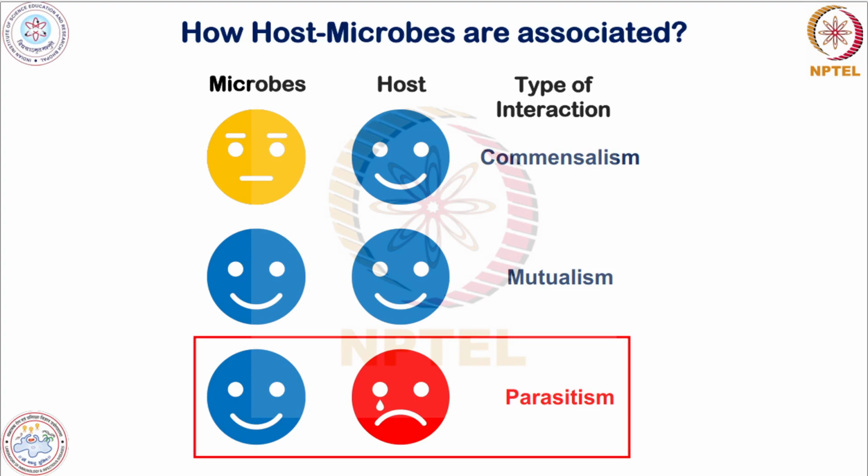The first one is commensalism. Here the microbe has a neutral effect and the host has a positive effect. The host is happy, but the microbes are in a neutral phase. So this is the commensal.